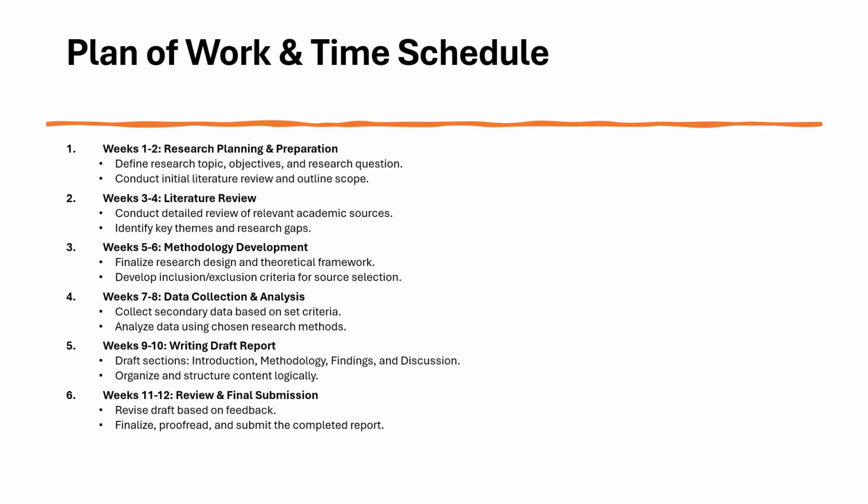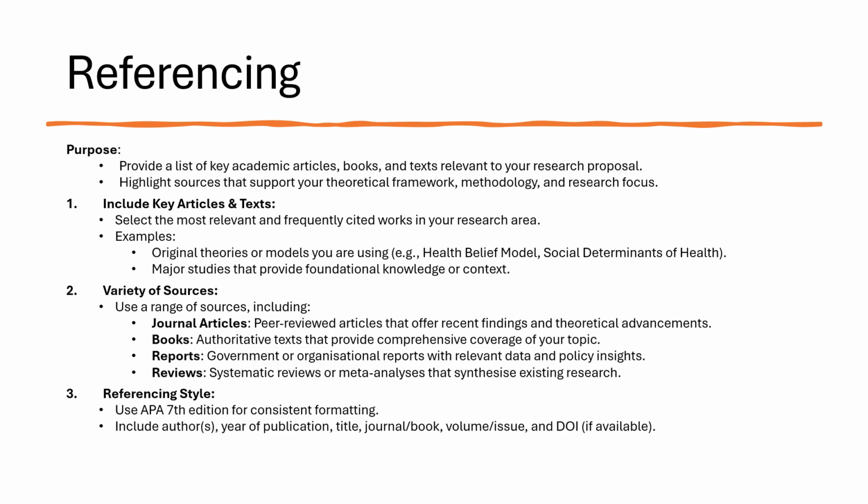If you're going to have a PhD, that is 4 years long. So you need to put this in your Gantt chart: for the first year, what you need to do; second year, what is your plan; third year, what is your plan; fourth year, what is your plan.